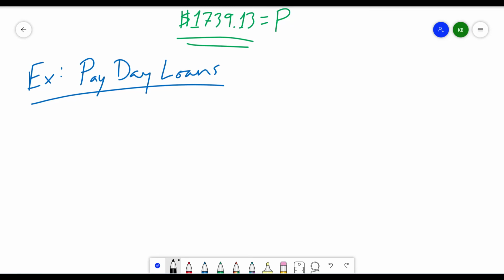So here's an example of this. They're going to charge $15 for every $100 lent. So they lend you $100, you owe them $15 more than that back. All right?